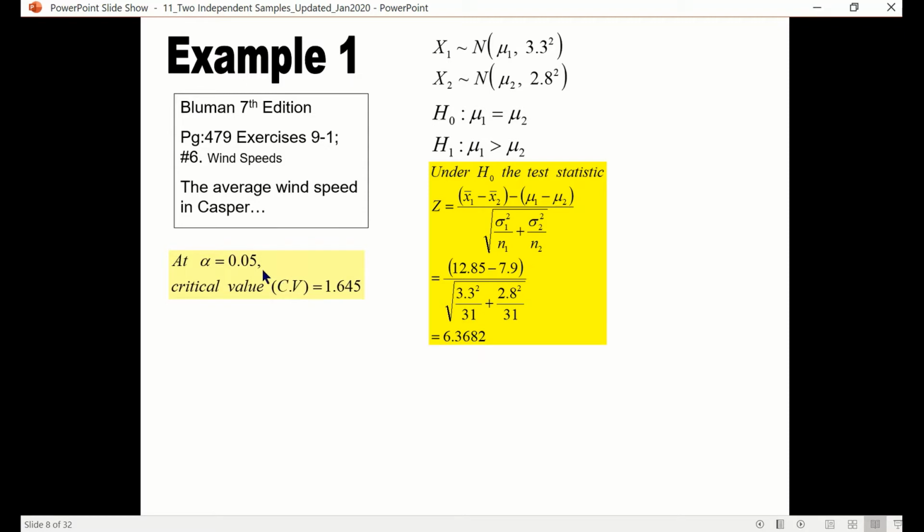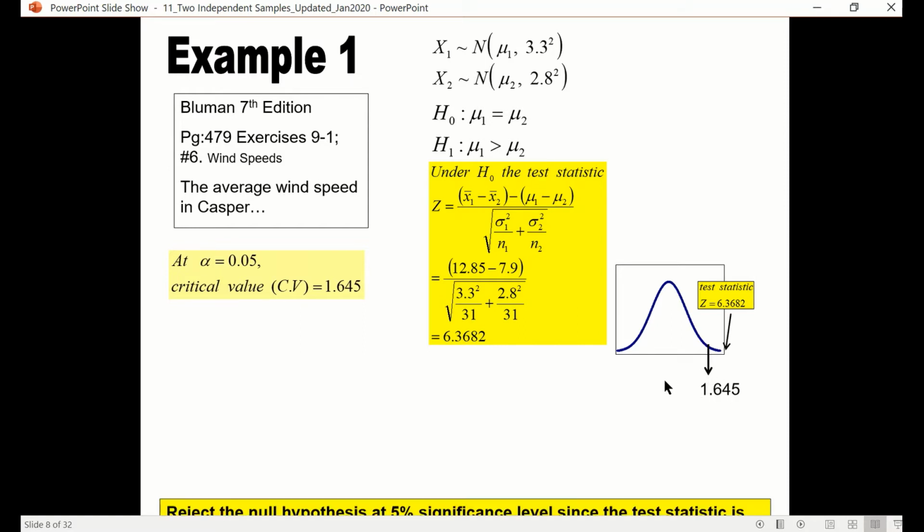At alpha 0.05, since this is a one-sided test, the rejection region is on the right, so the area here is 0.05 and the critical value is 1.645.